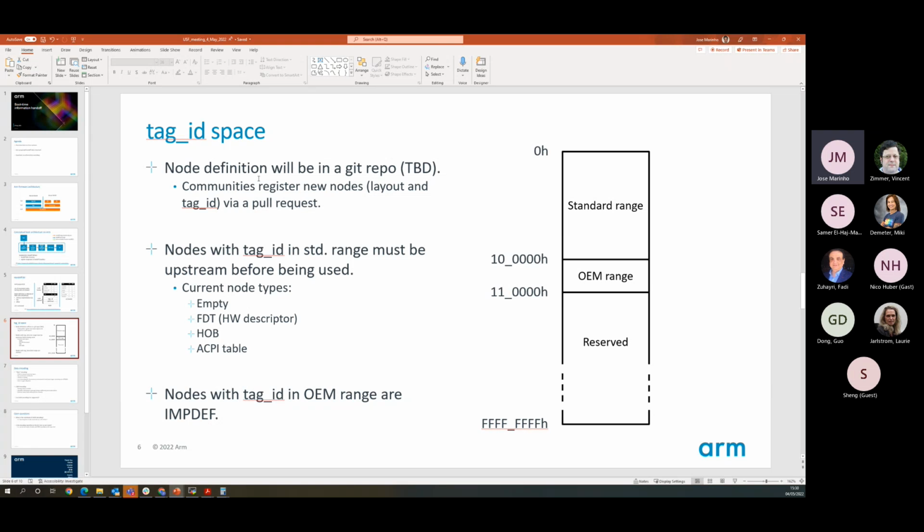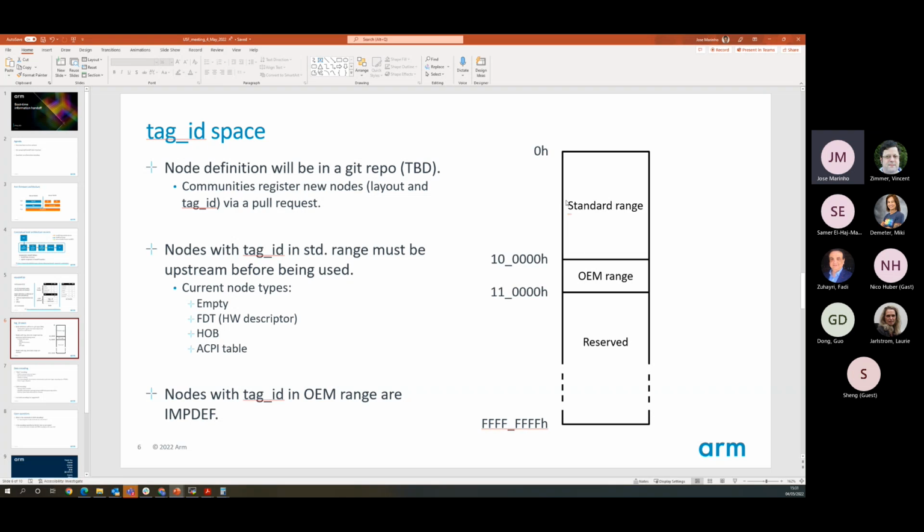Whenever communities want to request a new node layout, they would just issue a pull request, which would probably be reviewed by a set of maintainers. But this is really your only way to get a new node's ID and layout.